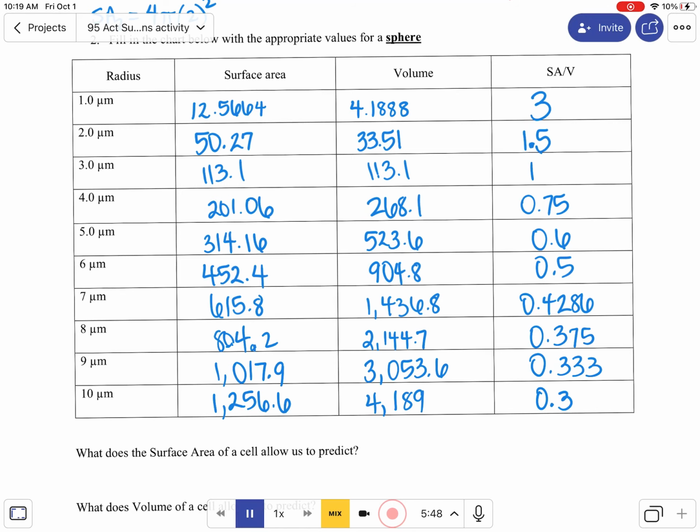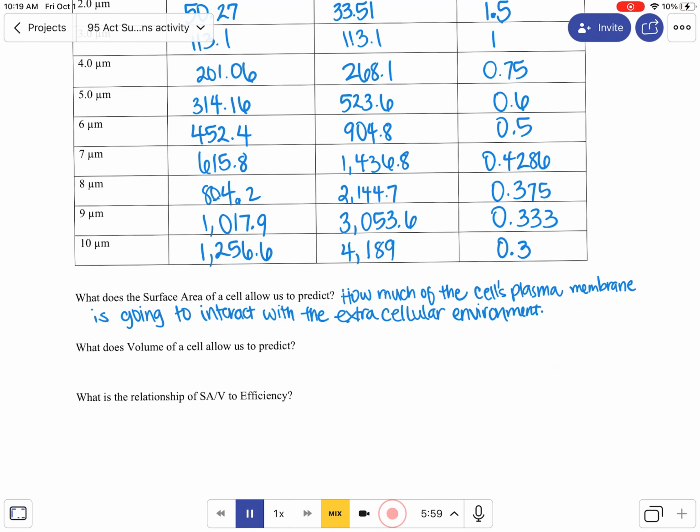It allows us to predict how much of the cell, especially the plasma membrane, is going to be able to interact with the extracellular environment. The other part of our calculation, which is the volume, allows us to predict how quickly substances are going to move from the outside to the inside of the cell and vice versa.